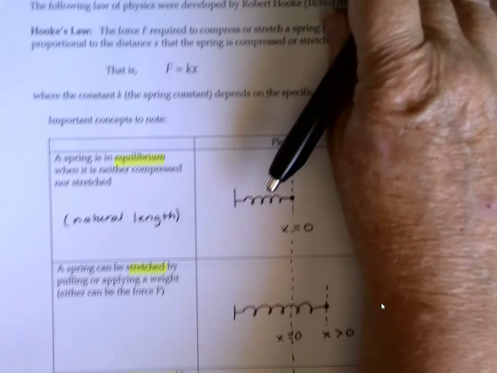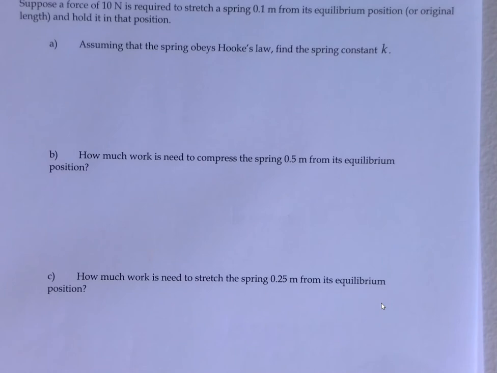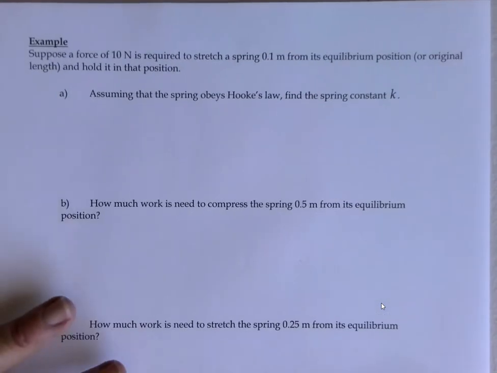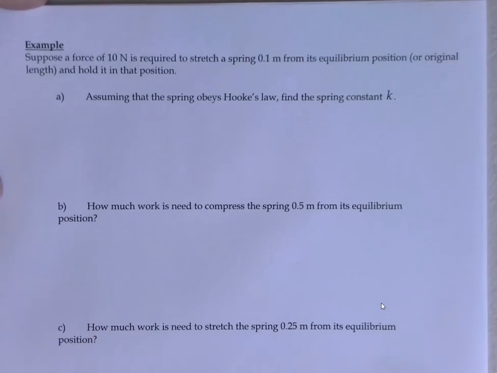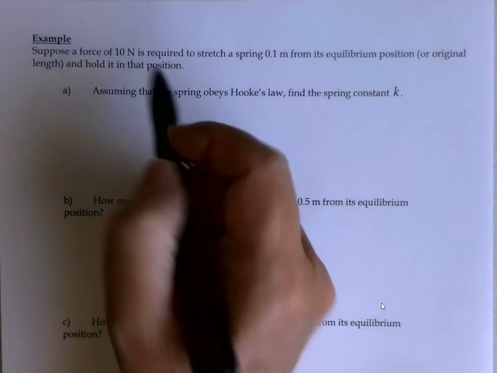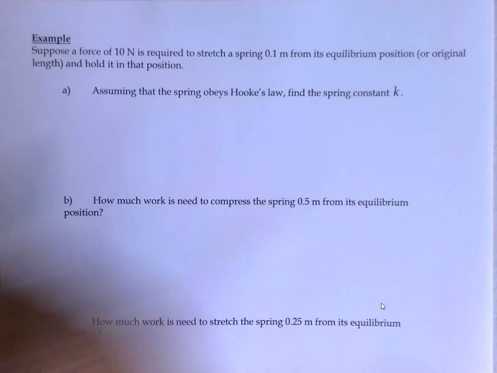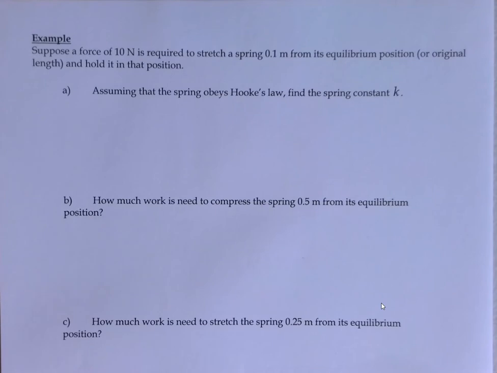All right, let's take a look at calculating the work done when we stretch or compress a spring. In our first example, we're going to suppose that a force of 10 newtons is required to stretch a spring 0.1 meters from its equilibrium position, original length, and hold it in that position.